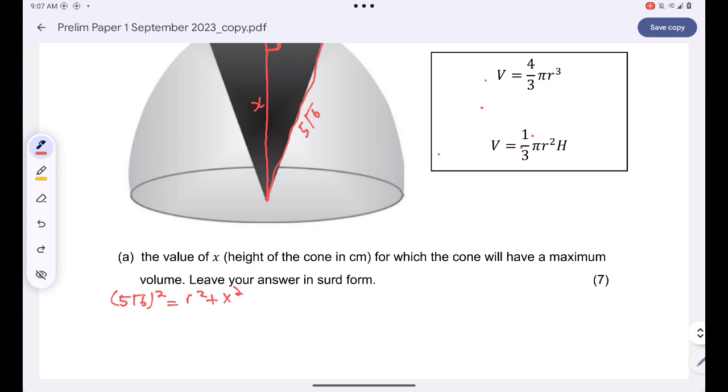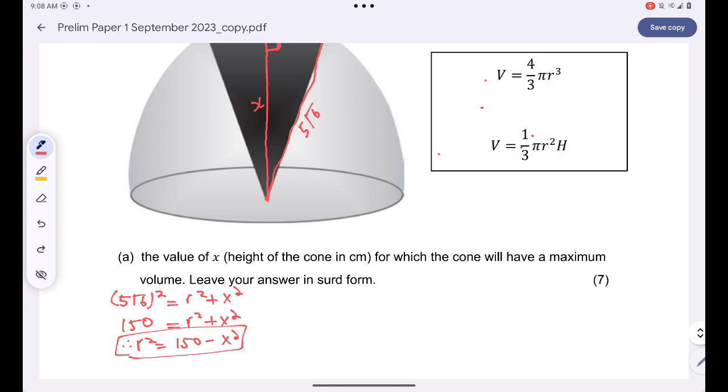Are you together? 5 multiplied by the square root of 6, all squared, is just equal to 150, and then I have r squared plus x squared. Therefore r squared is just equal to 150 minus x squared. Please do keep this in mind.